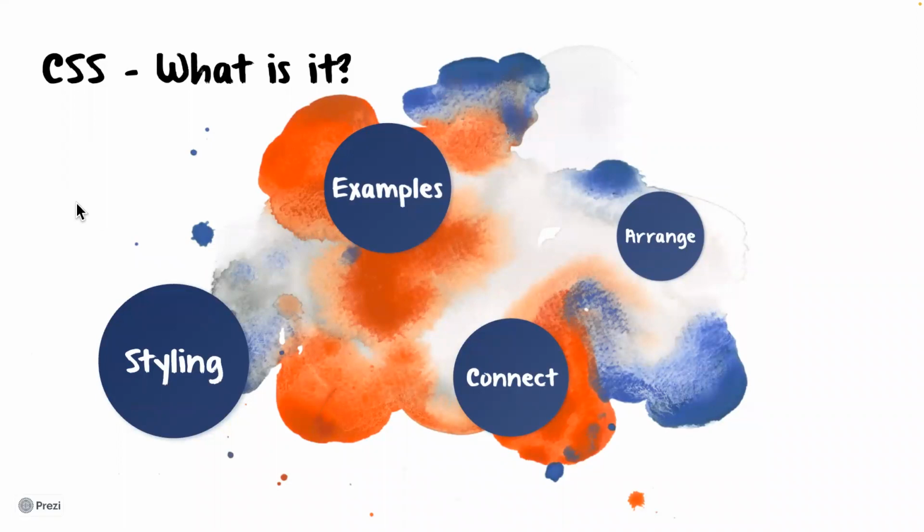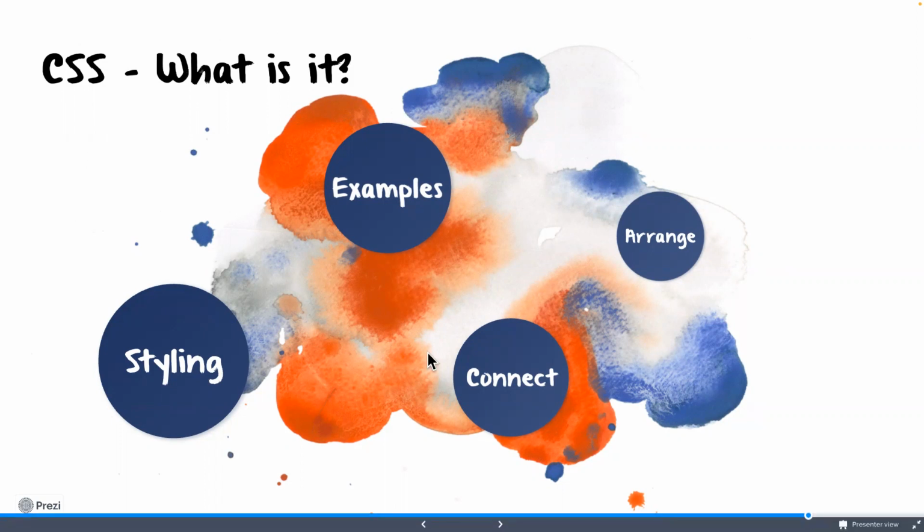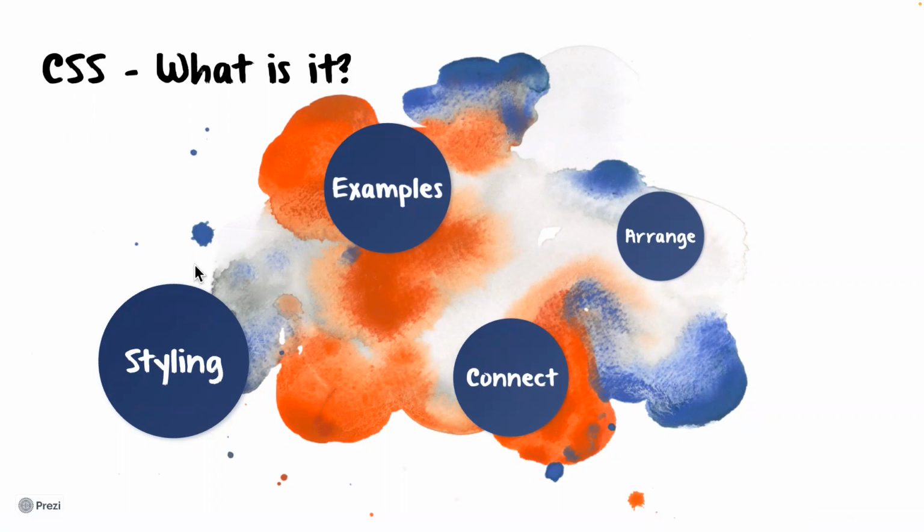Can anyone tell me what cascading means? Cascading means falling down from top to bottom. We'll get into why it's called cascading in just a little bit, but let's go over a broad overview of what CSS is and what it does. Why do we use it?